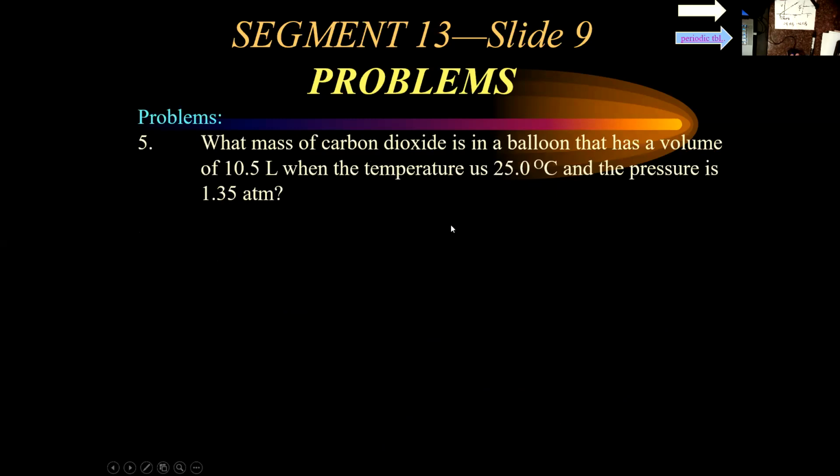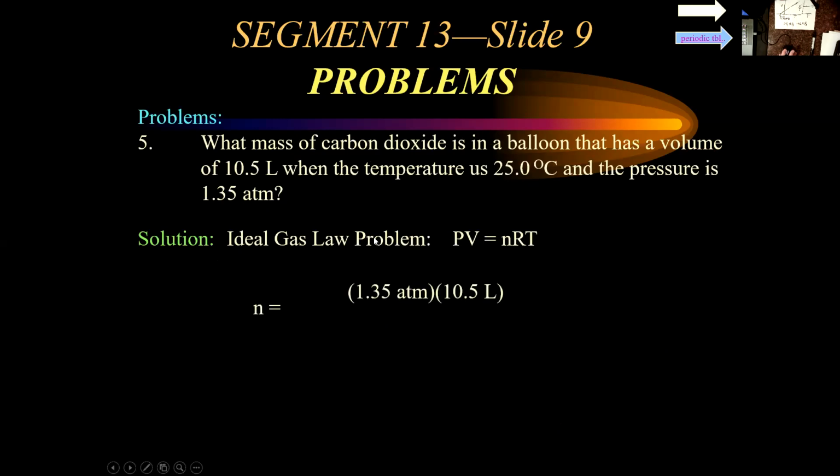Now, what mass of carbon dioxide in a balloon has a volume of 10.5 liters when the temperature is 25 degrees and the pressure is 1.35 atmospheres? So we've got the volume given, we've got the temperature, we've got the pressure, so we can use the ideal gas equation to solve for that. Find the number of moles. I've got 1.35 atmospheres pressure.